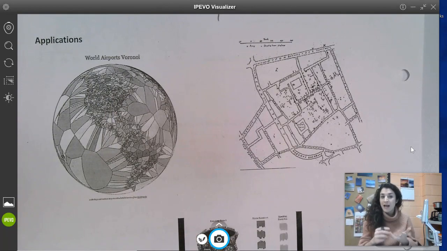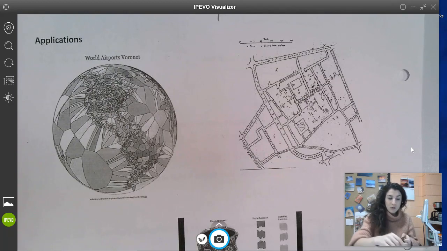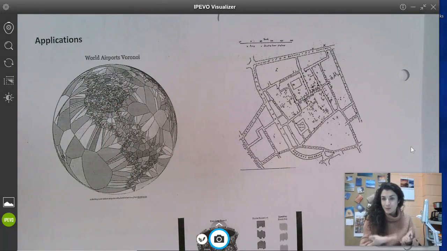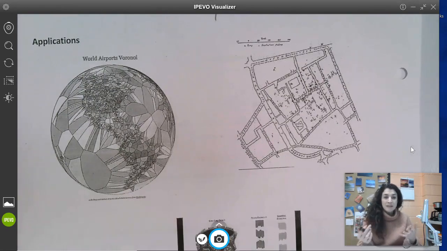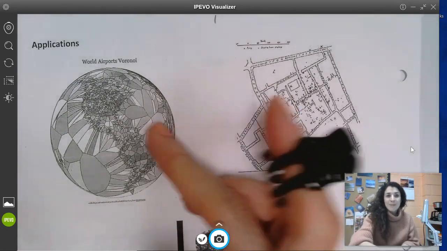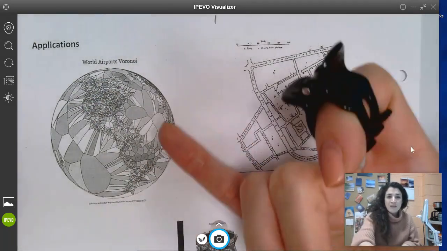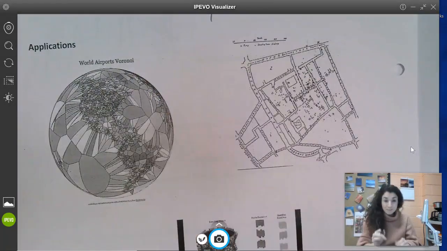There are no lines drawn on this map that actually represent landmass, but you can tell which continents these are supposed to be based off of the land masses that you can kind of shape out here, whereas the large empty spaces are going to be your oceans. You can see this is North America and South America. Europe's kind of starting to form up over here. So interesting in that regard.